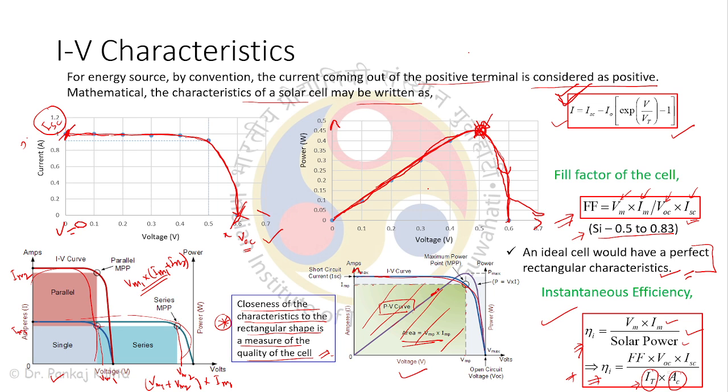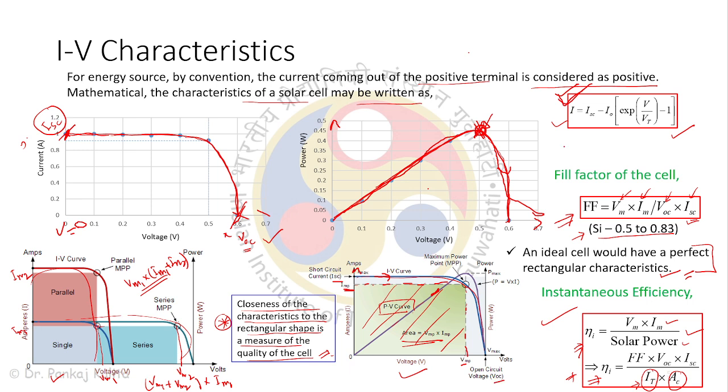So ideally, what should this curve look like? Ideally, a cell should have this perfect rectangular characteristic, corresponding to its maximum operating voltage and maximum operating current, but actually it's not there. So this is your real IV curve, say, corresponding to ISC and VOC, right?